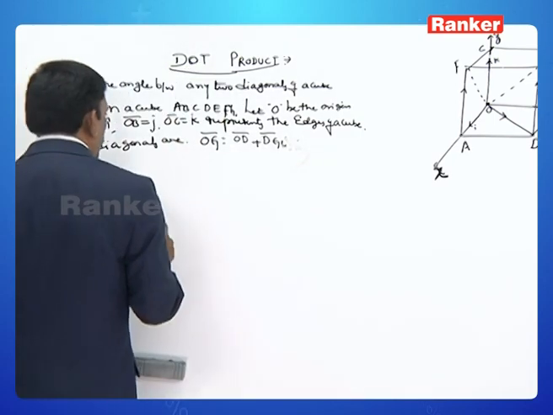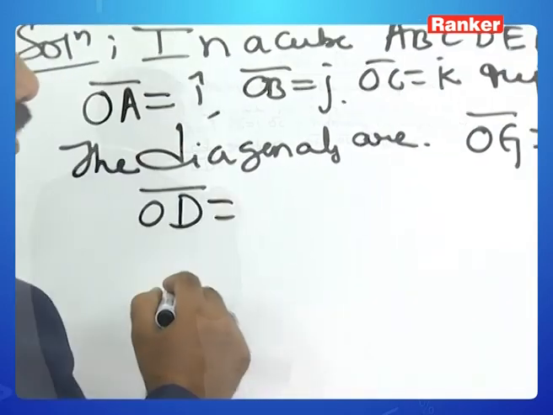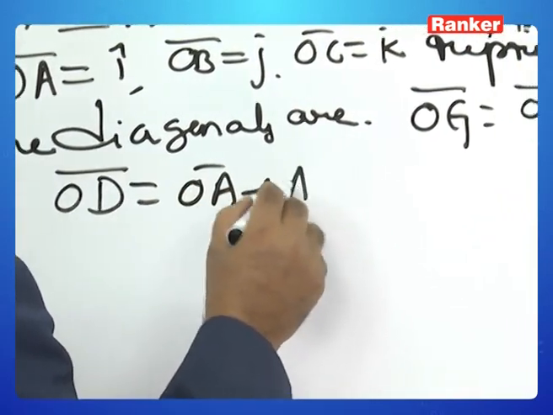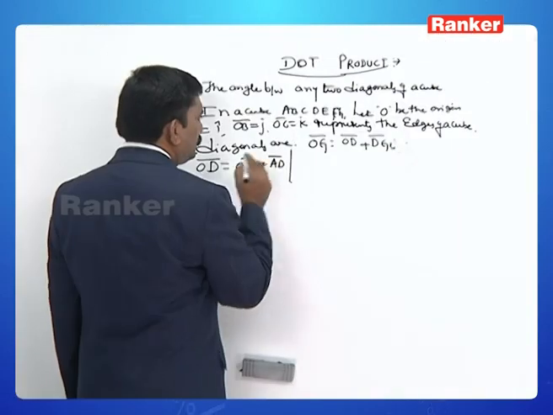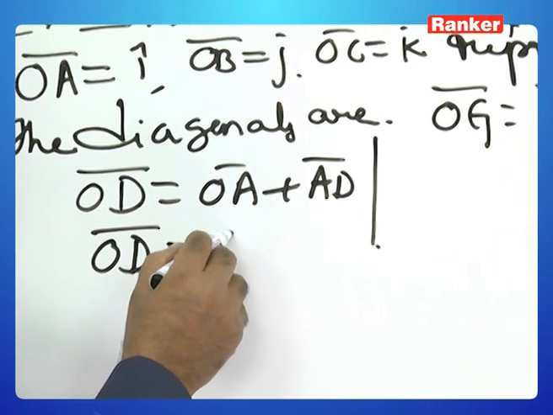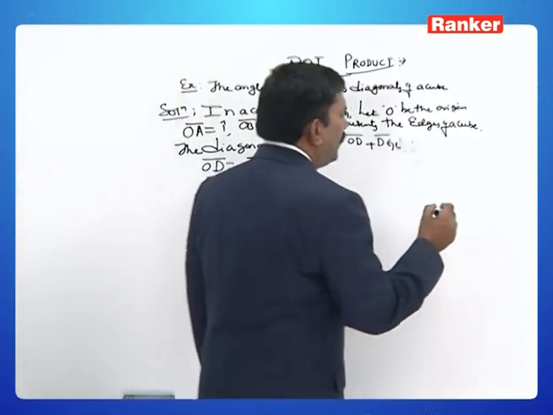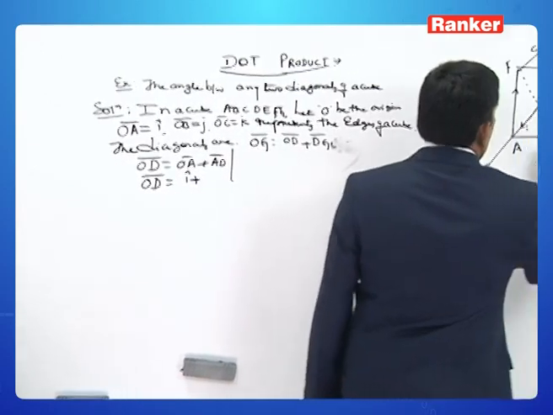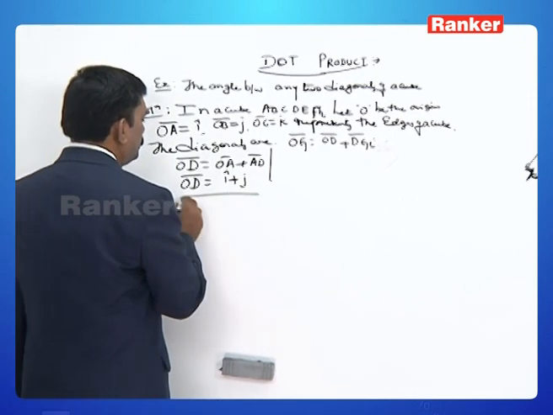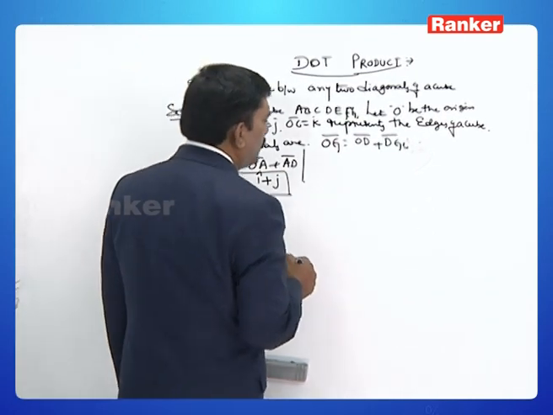OD bar is nothing but OA bar plus AD bar. OA bar is I, and AD bar is parallel to OB bar, so this is nothing but J. So OD bar is equal to I plus J.